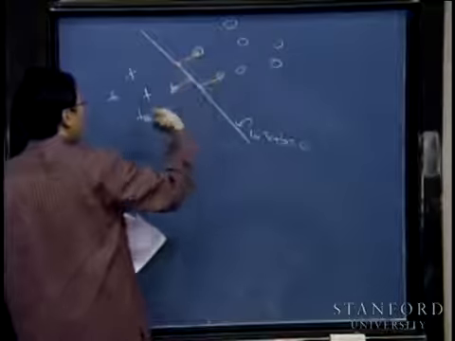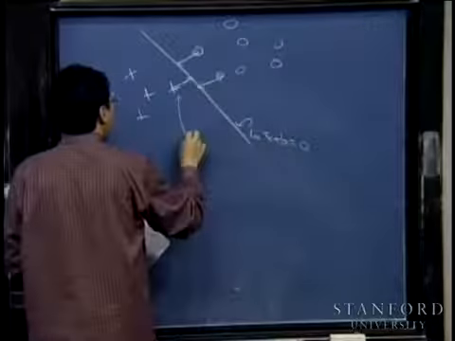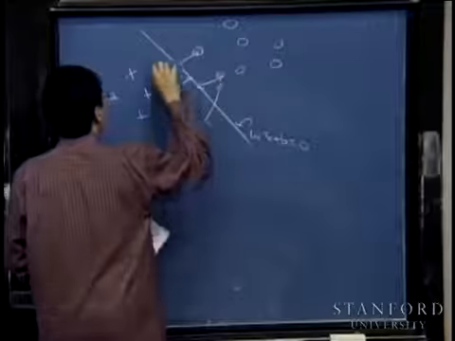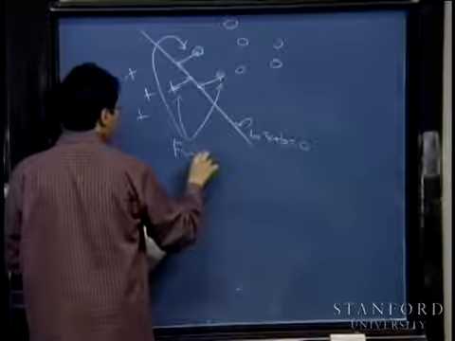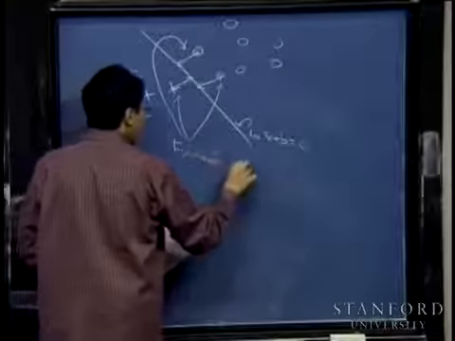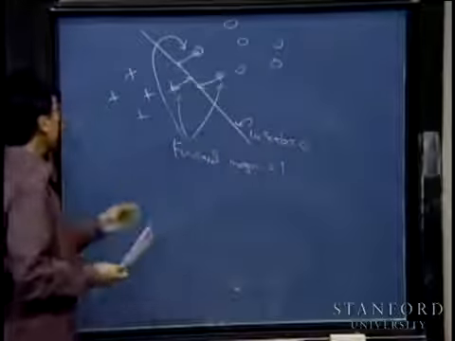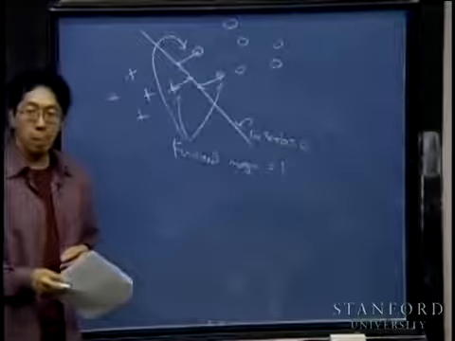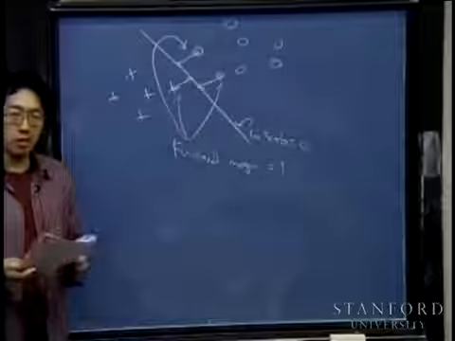In this cartoon example that I've drawn, it will be exactly these three examples that have functional margin equal to 1. All of the other examples, being further away than these three, will have functional margin strictly greater than 1.